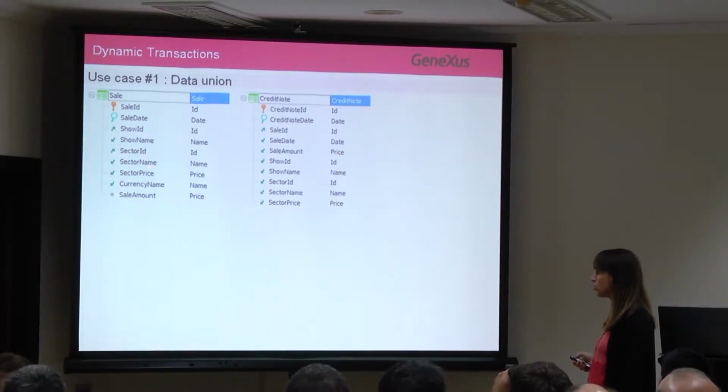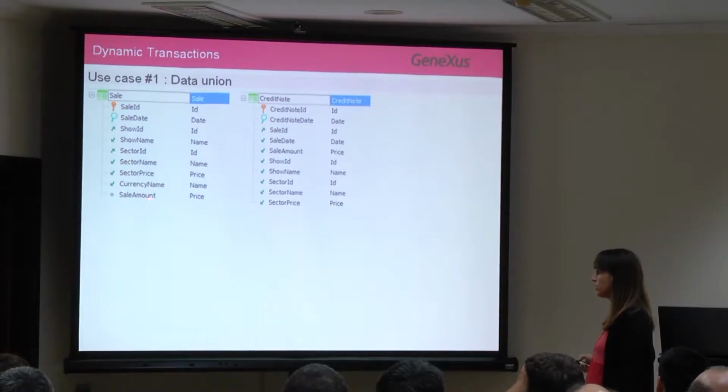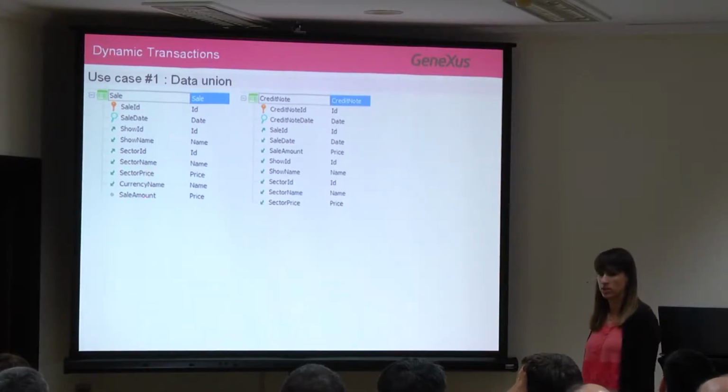It's sold for one show, for one sector, one place, price, currency. And here it says sales amount, which is a true attribute of sale because you want to store it and you want to know the price at which it was sold, the price of the sector of the show. So there is a rule in this transaction allocating the price sector here because we wanted to store it.